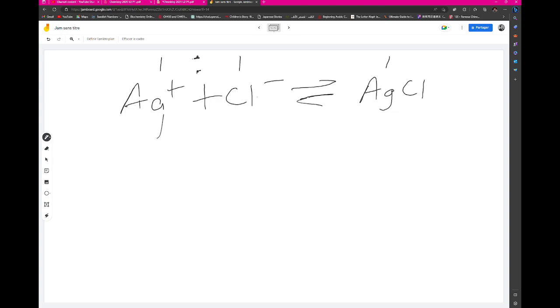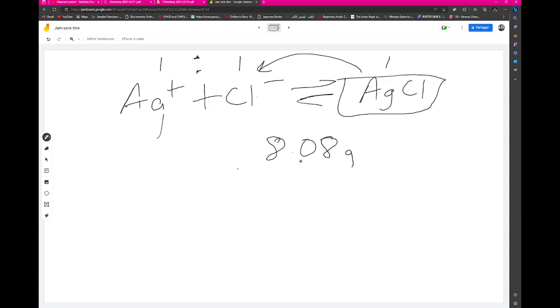Now we need to determine the amount of moles of silver chloride. Because if we determine the amount of moles of silver chloride, then it would be a 1-to-1 ratio with chloride. We don't have any information for chloride, but we have silver chloride. We know that silver chloride is 8.08 grams, and we must divide it by the molecular mass of silver chloride.